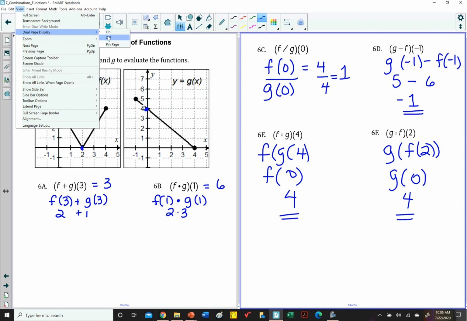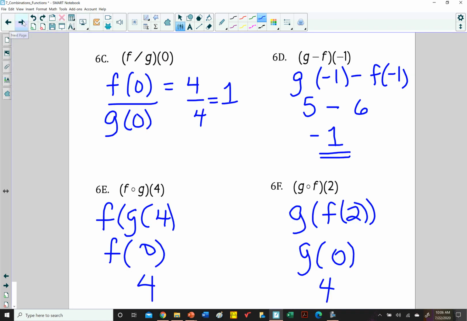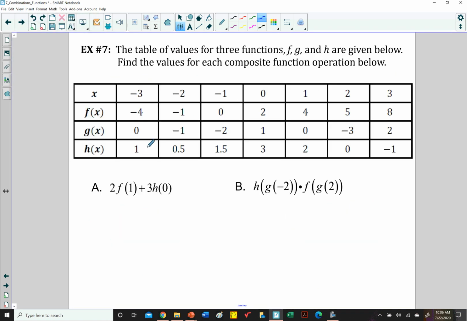Moving on. Over on example 7, we have a table of values for f, g, and h, and we want to do some operations on those functions based on the table. So we need the f of 1. The f of 1 is 4, and 2 times 4 gives me 8. And we need the h of 0.